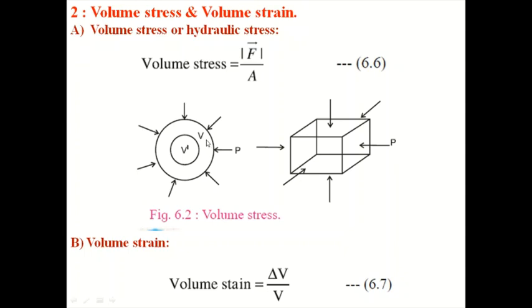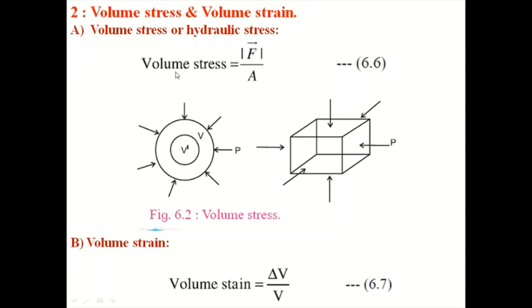Such a stress which produces a change in size but no change in shape is called a volumetric stress. In both diagrams, when the force F is applied perpendicular to the area of the body, like pressure forces, it changes its original size V to V dash.